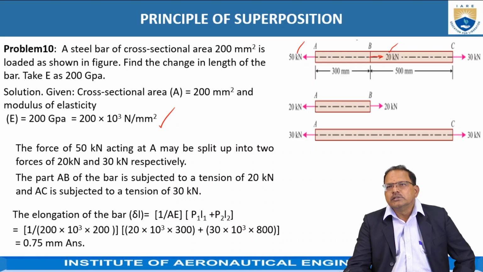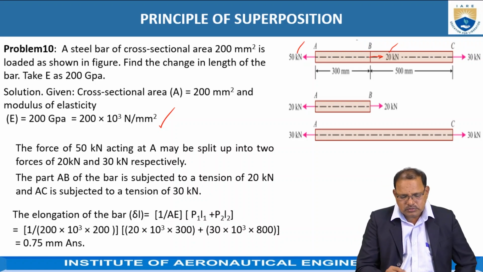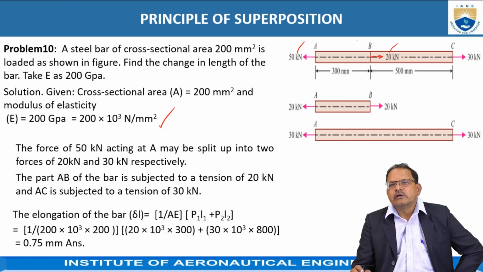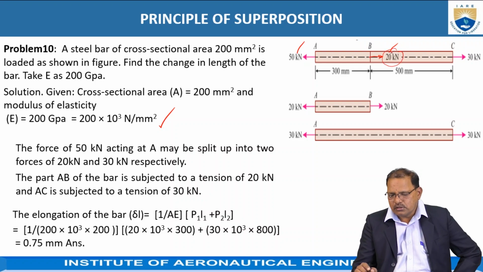Now I am dividing the entire section into two segments, two sections. One is representing AB, the second one is representing BC as shown in the figure. Now split the forces in such a way that I am taking 20 kilonewton acting at the B position. I am taking 20 here as this.